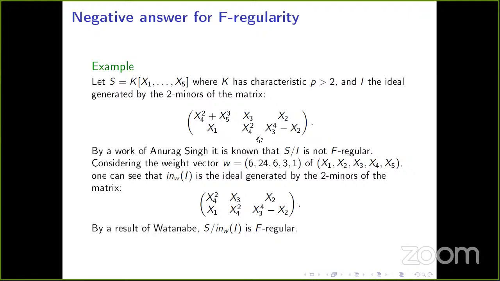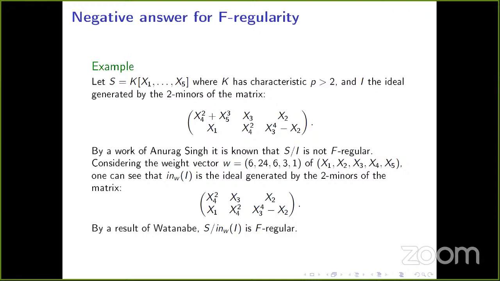By a work of Anurag Singh, it is known that S mod I is not F-regular. It is worth mentioning that this is the example Anurag Singh used to prove that F-regularity does not deform. We consider the weight vector W as 6, 24, 6, 3, 1 for x1, x2, x3, x4, and x5 respectively.